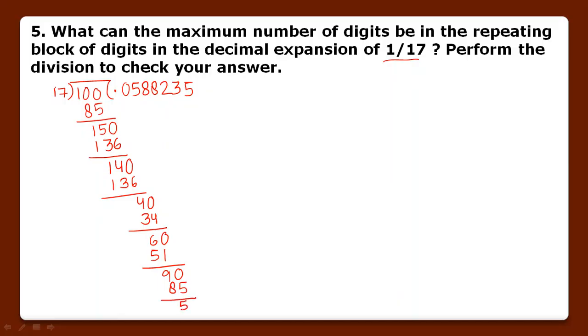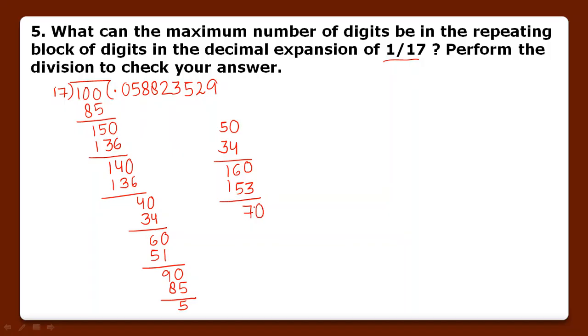Remainder comes 15. We'll carry on here. We'll take again a 0 and 17 2s are 34. We'll get 16 as a remainder, again a 0 and 17 9s are 153. We get the remainder 7 from here.